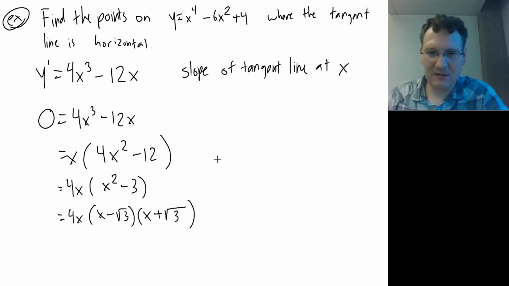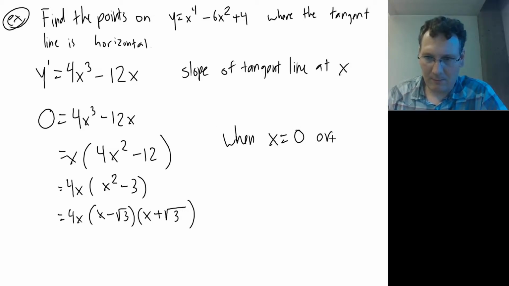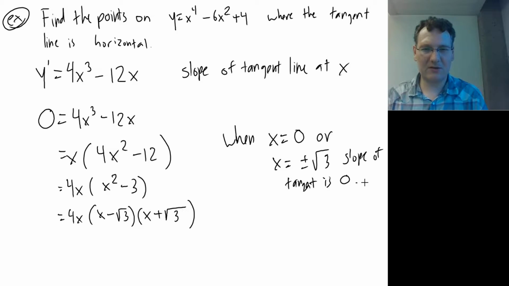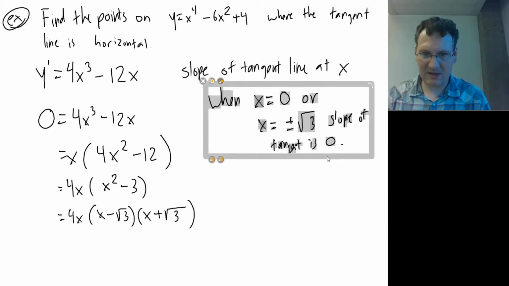That means when x equals 0, or x is plus or minus root 3, the slope of the tangent is 0. Let's take a look at the graph and see if that's the case.